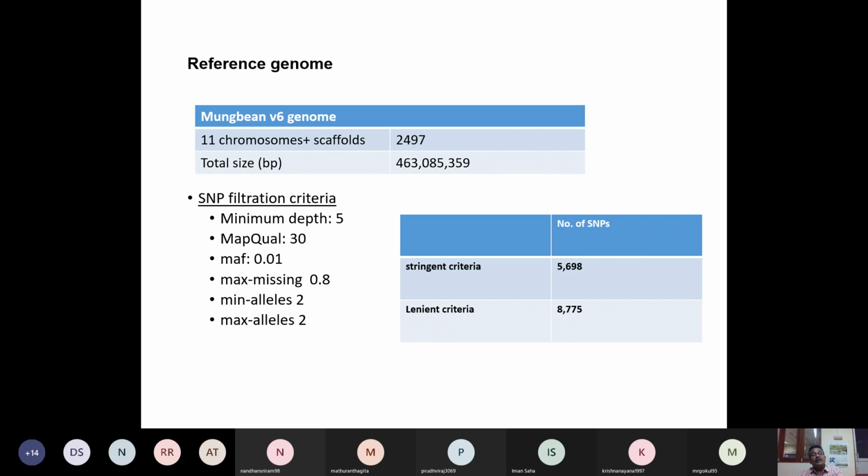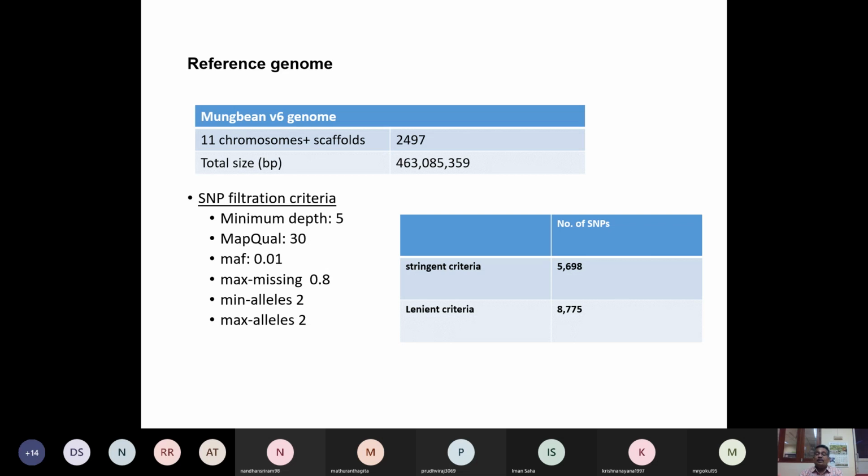Then, for example, for the 11 chromosomes in the case of Mumbin, around 2497 scaffolds were generated, and this is the total genome size reconstituted. Finally, in SNP filtration you also have to look at the major allele frequency, the minimum sequencing depth, maximum missing data, and the maximum and minimum number of alleles.